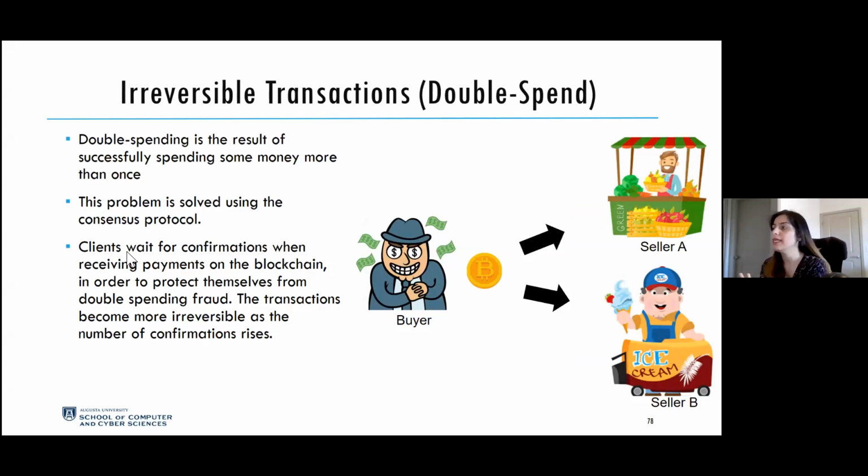Here is an explanation of double spending. That means if you have a digital currency, you should not be allowed to spend this money in two different places, to buy two different products, for example. So the protocol should prohibit and prevent you from doing such an action.